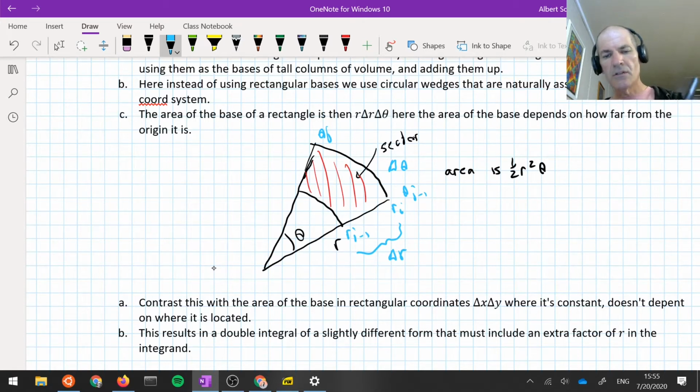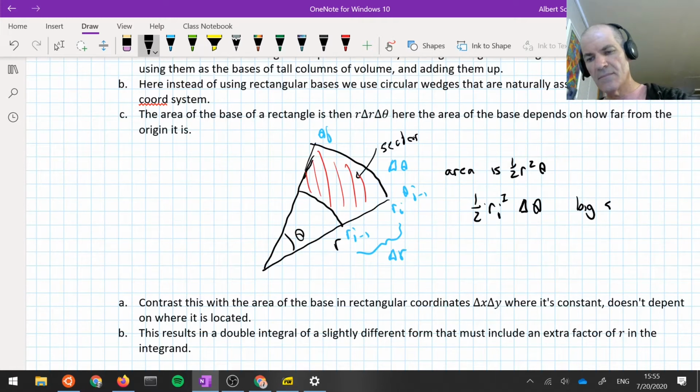All right, so the area of the big, outer sector is going to be 1/2 r sub i squared times delta theta. That's the big sector. And then the inner sector is 1/2 r sub i minus 1 squared delta theta. That's the inner sector.